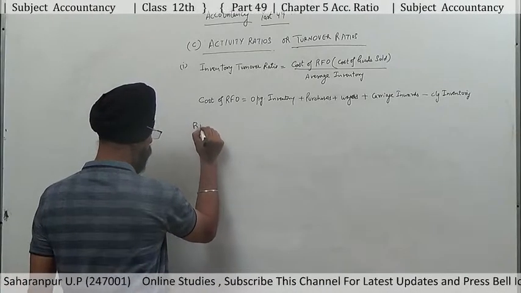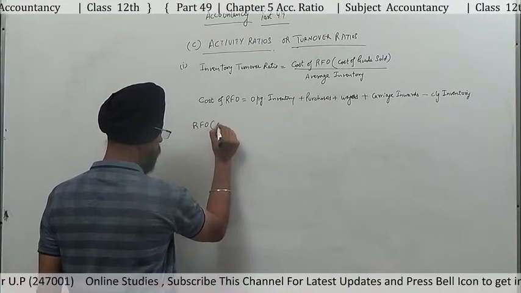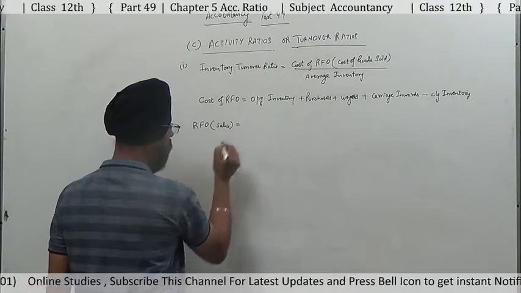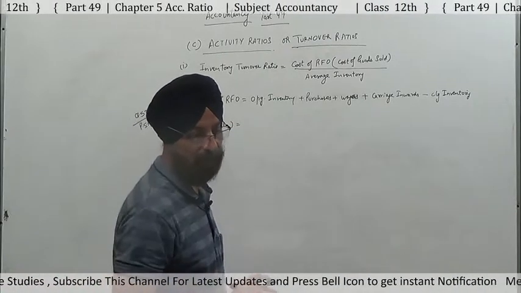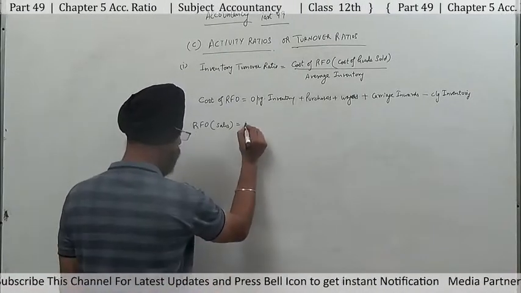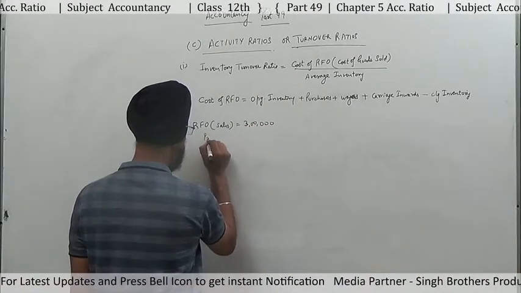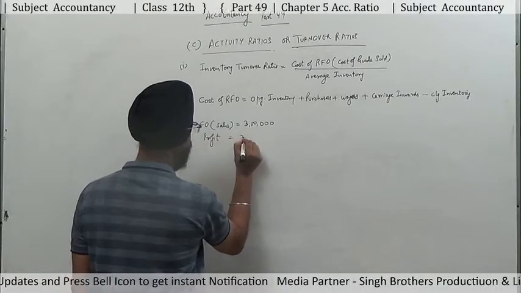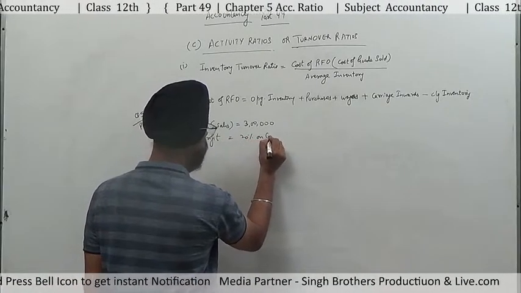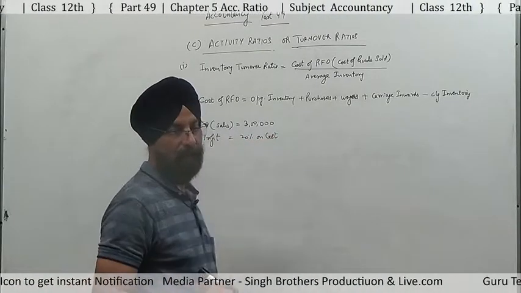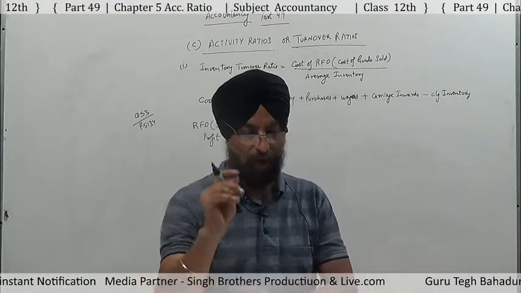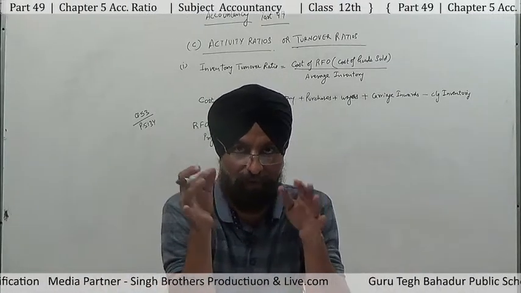Revenue from operation or sales is rupees 3 lakh, and profit is 20% on cost. Now how do we find cost of revenue from operation?